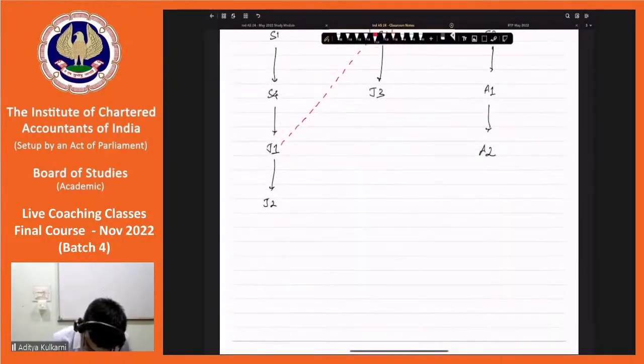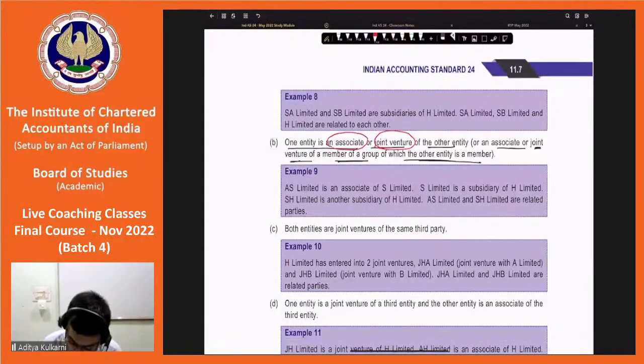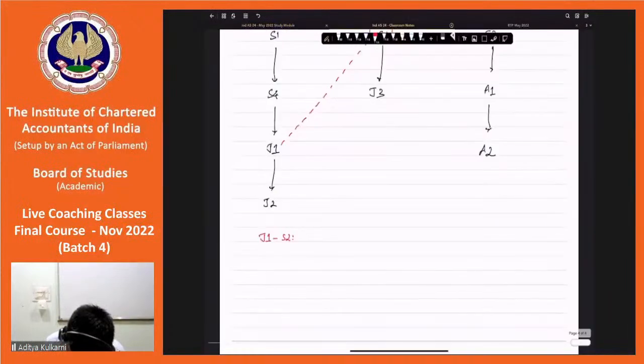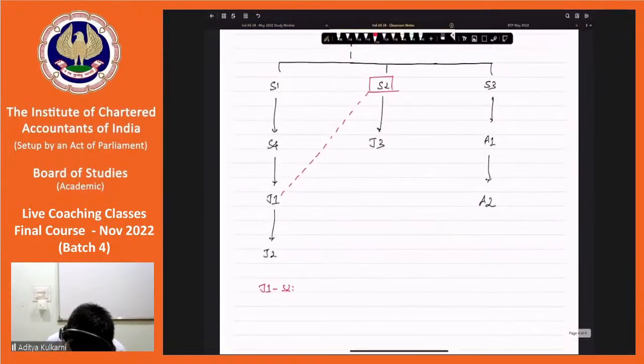J1, S2, are they related? Now let us look at the words. One entity is an associate or a joint venture. Is it a joint venture? Yes, it is a joint venture.